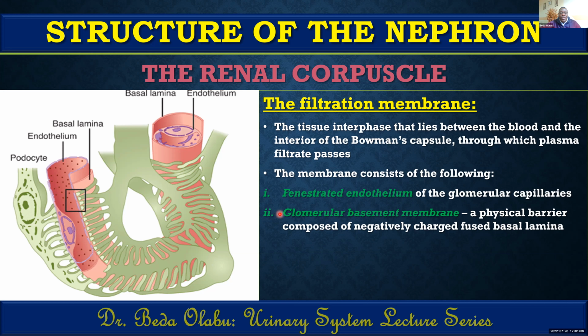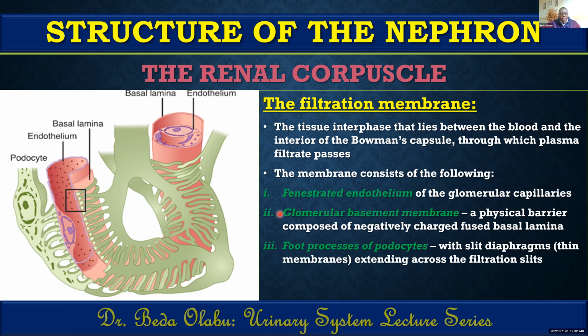Anyway, the third component of the barrier are the foot processes of the podocytes. Remember, the foot processes of the podocytes have gaps between them. Usually, these gaps are filled with some thin membranes. Those thin membranes are called slit diaphragms.